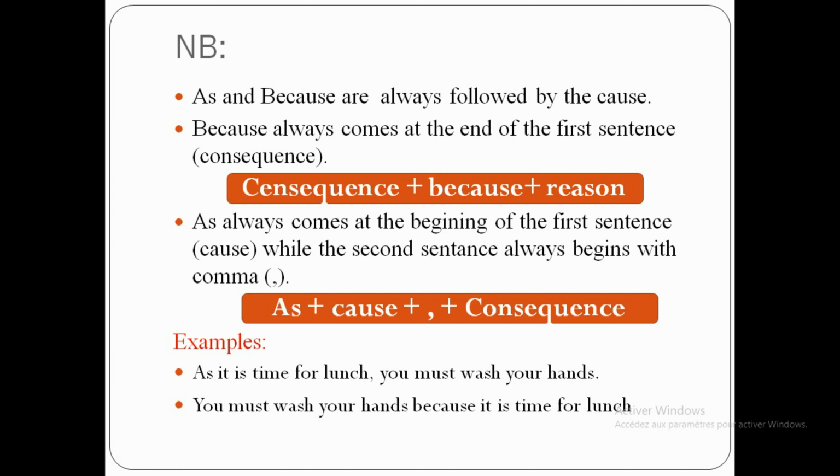The first example is with as. We have: As it is time for lunch, comma, you must wash your hands. The consequence is you must wash your hands. The second sentence, we have the same sentence but with because, with another connector.